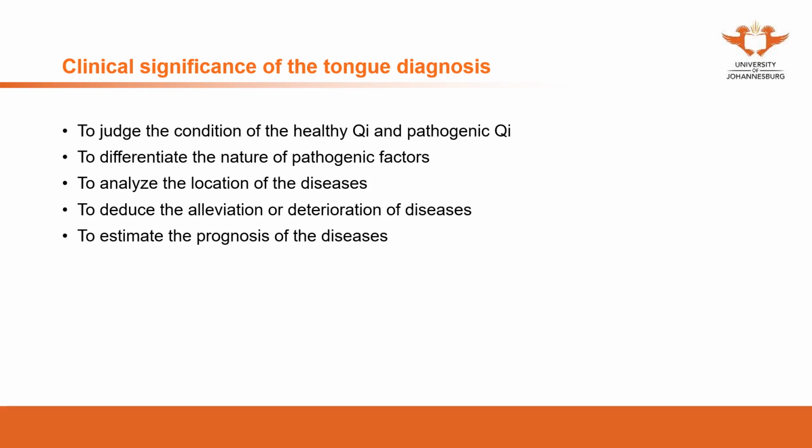That can be the heat pathogen. It can help us to identify the location of the diseases, such as the ulcers in different areas of the tongue, on the tip of the tongue, and on the side of the tongue, can indicate different locations, such as the heart fire or the spleen or the liver fire.